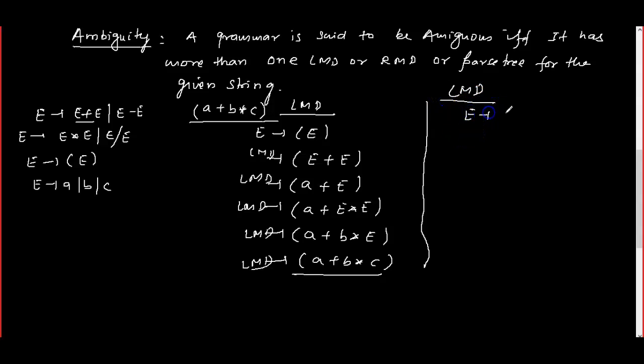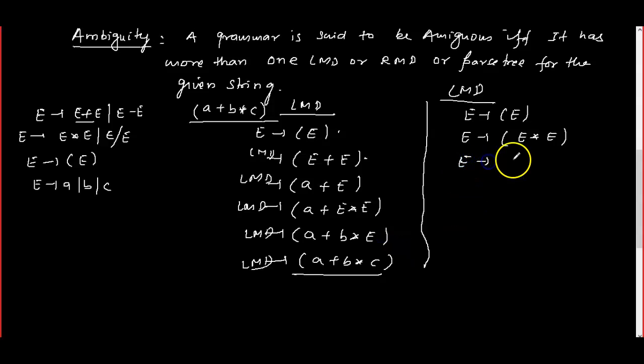What I will check here: E open bracket E, that is fine, same thing I have used. Here in the place of plus, if I substitute multiplication, E star E, let's see if we are able to derive A plus B into C or not.